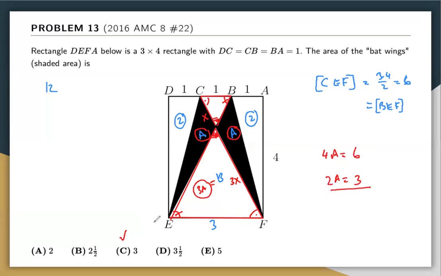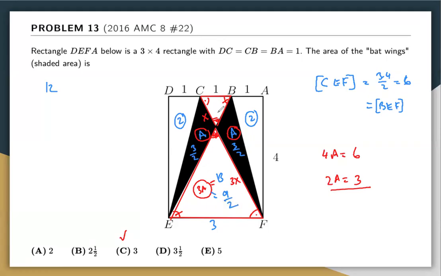So we can do this question a couple different ways, but let me remind a few other things while we have this picture available. So A is 3/2, and then this is 3/2, and then this is 3A, which is 3/2 times 3, equal to 9/2, right?